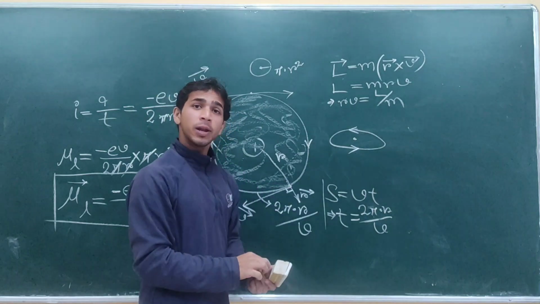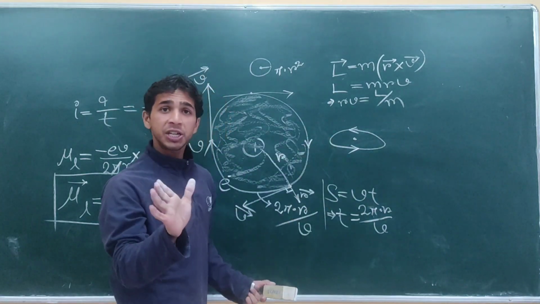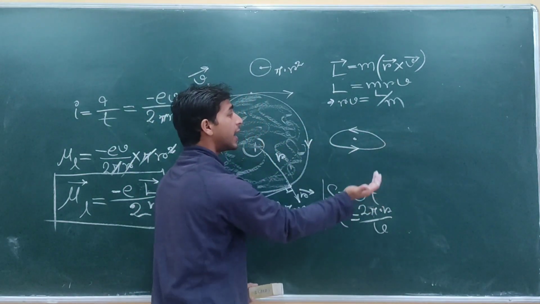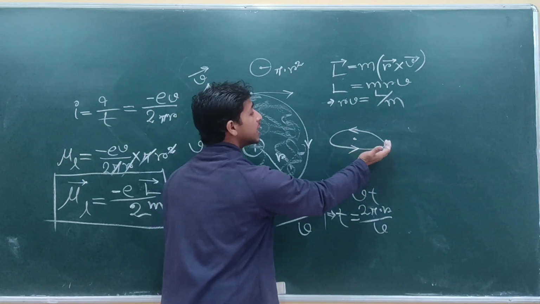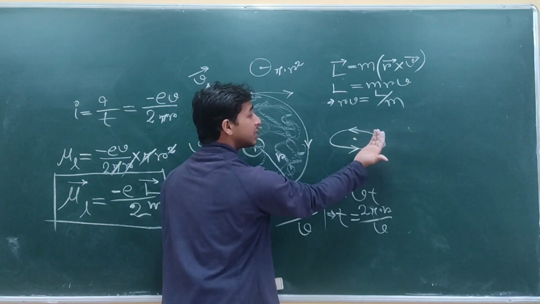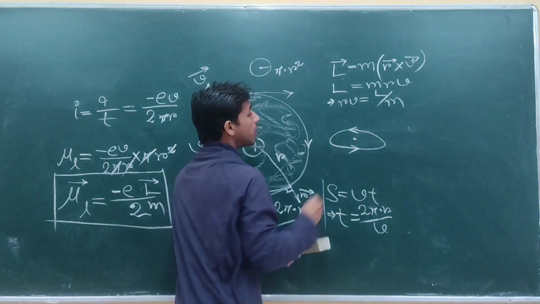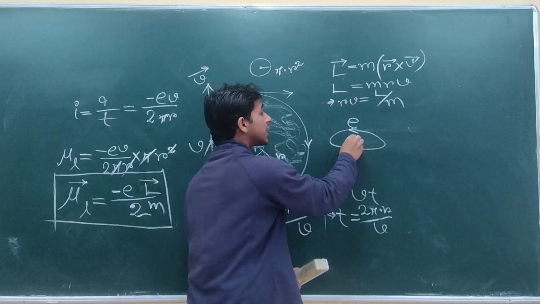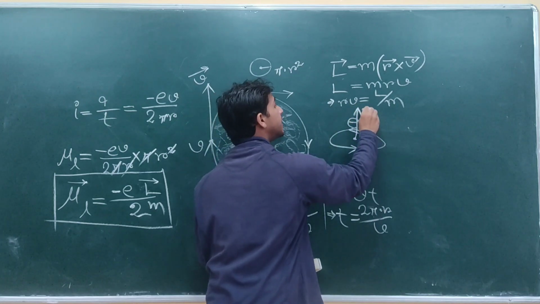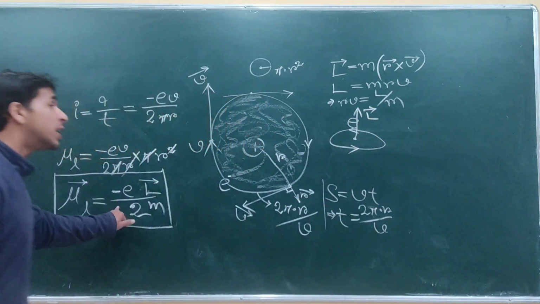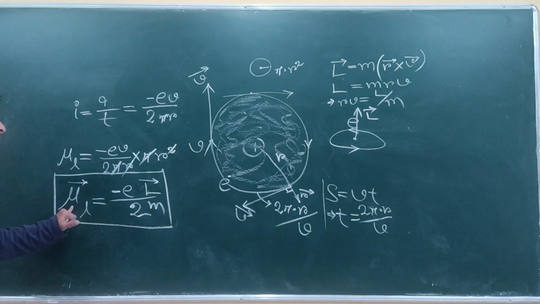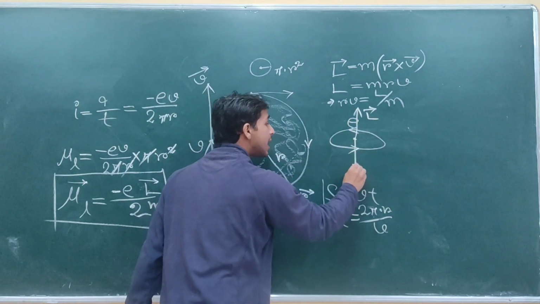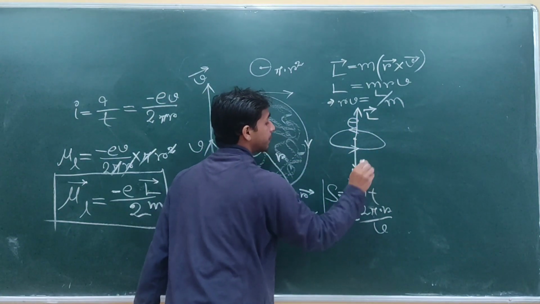For the orbital angular momentum, capital L vector, you just have to place your right hand like this and curl your right hand along the velocity vector. In this case, if you curl your four fingers along the velocity of this electron, your thumb will point upward. So capital L vector is along this direction, and from this formula we can say the direction of the created magnetic dipole moment will be opposite to this L vector, that is mu L will be along this direction.